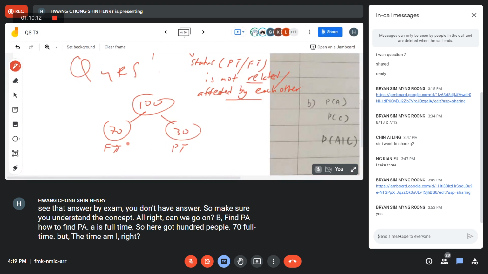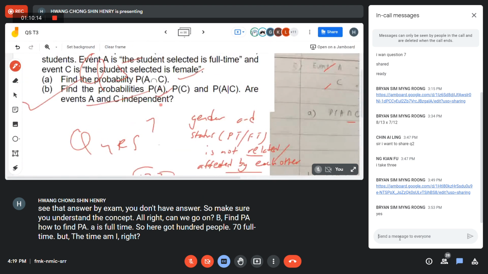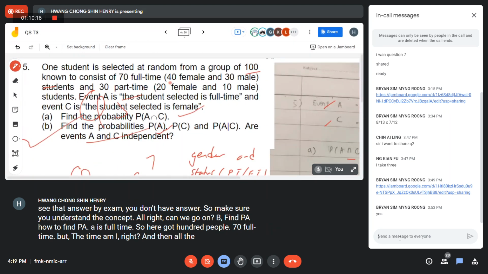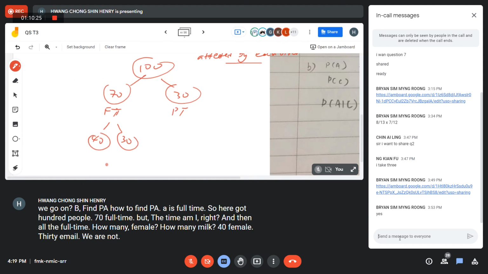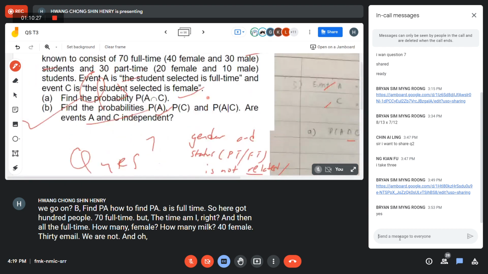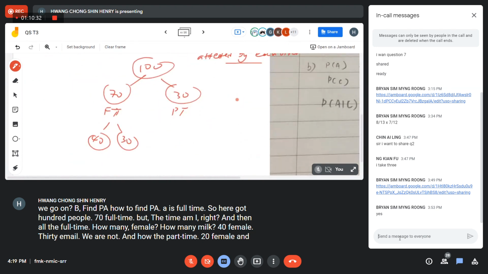Am I right? And out of the full-time, how many female, how many male? 40 female, 30 male. Agree or not? And out of the part-time, 20 female and 10 male.